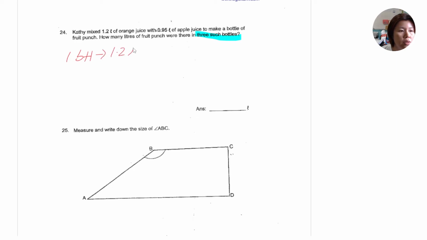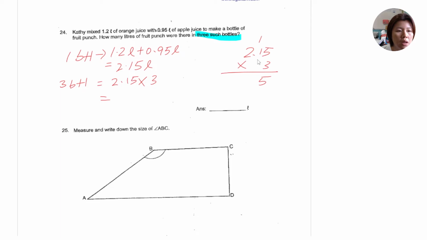It's 1.2 liters plus 0.95 liter, which will give you 2.15 liters. If it's 3 bottles, it will be 2.15 times 3. Let's do a short working. 3 times 5, 15, 3 times 1, 3, 4, 6. 6.45 liters.